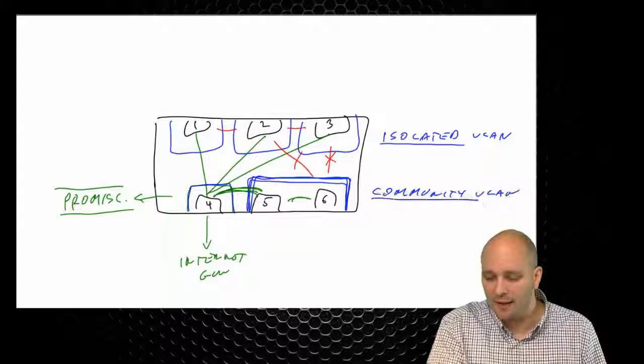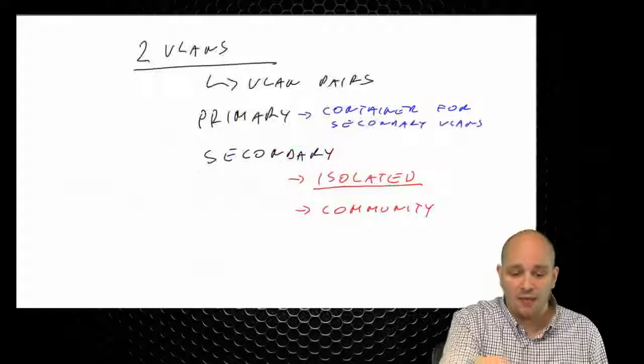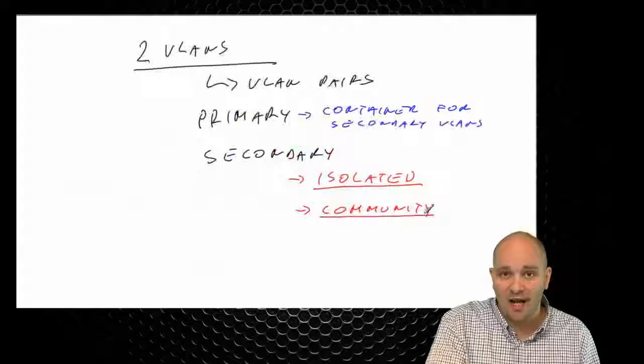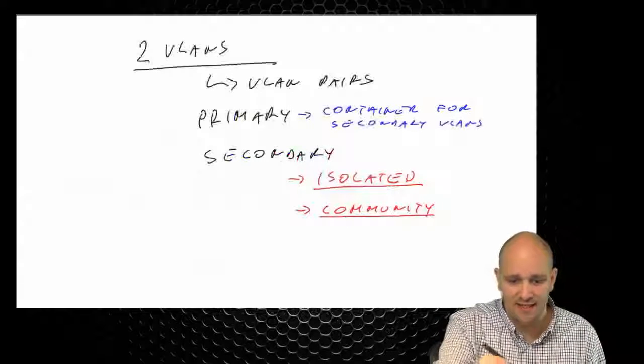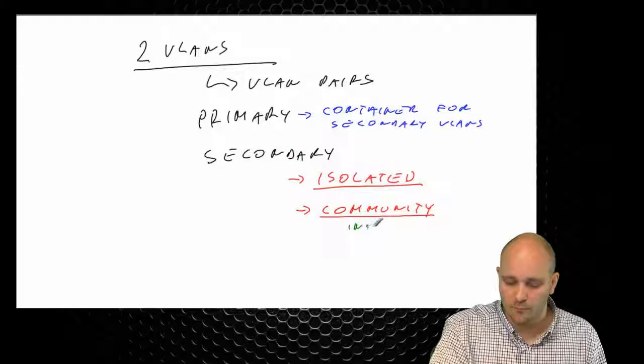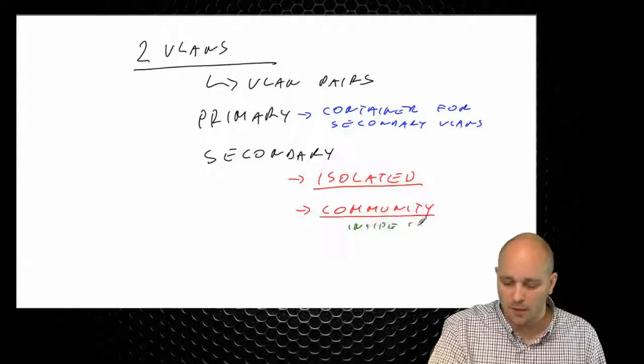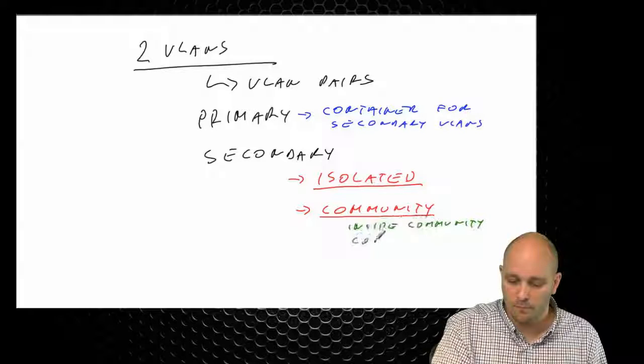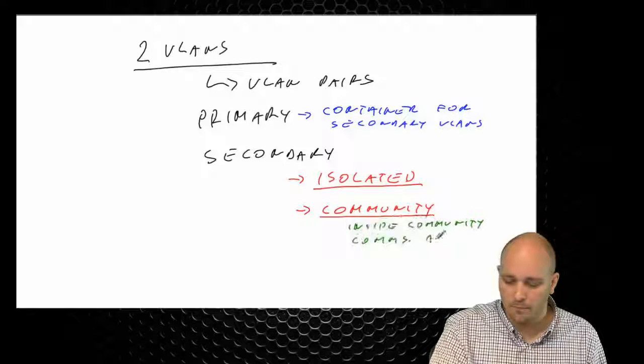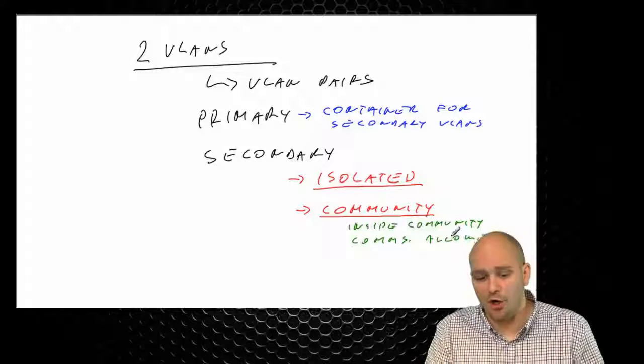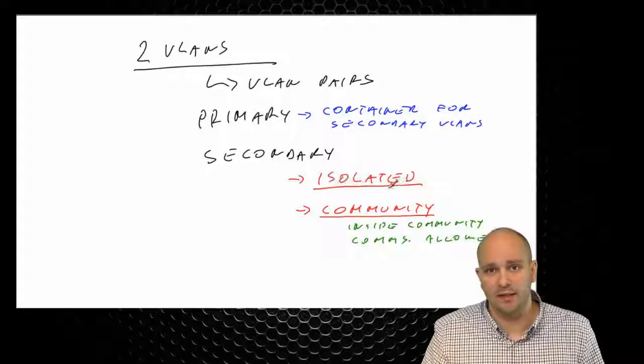So going back to this example here, the community VLAN here allows the communication inside the community but not with other ports, other isolated ports.